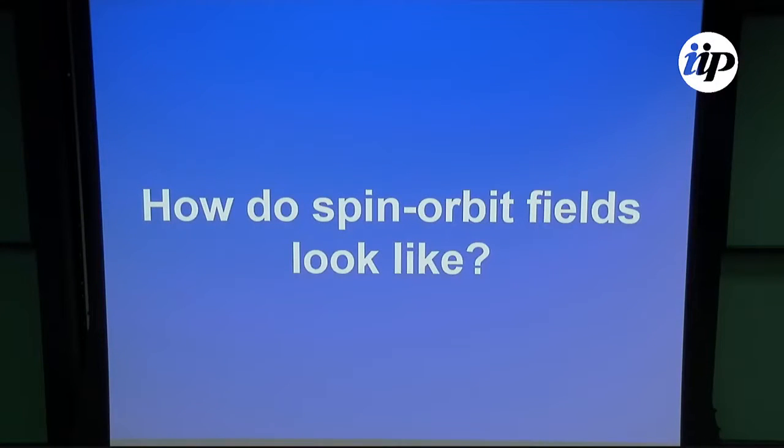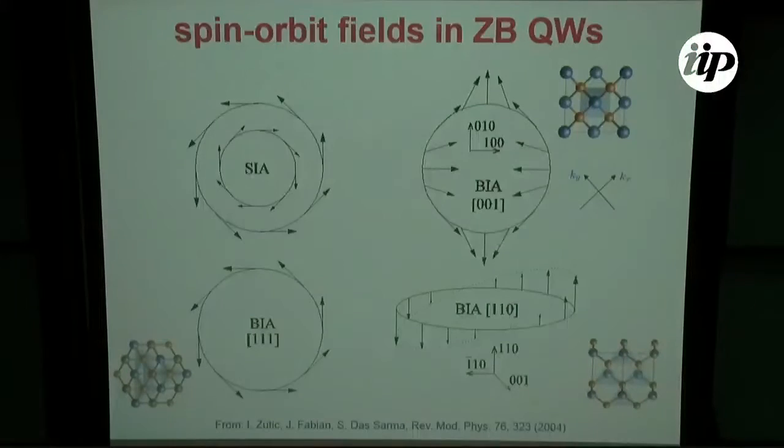Now, what do spin-orbit fields look like? On a simple model level, you all know what the Rashba field looks like, as Carlos showed very nicely. Maybe some of you also know the Dresselhaus field, a little bit more complicated. But I will show you that, in reality, things are even more complicated than that. This is something that we sort of know.